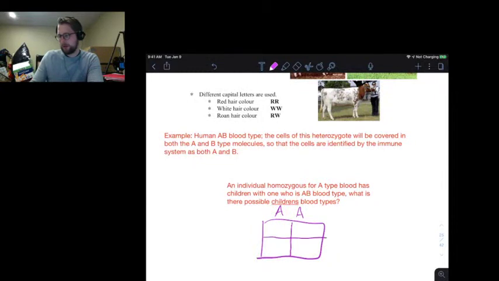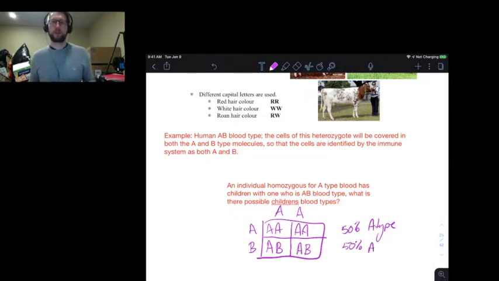We're going to take our A and B and cross them. Gives us 2 children who are A blood type and 2 children who are AB blood type. So 50% A type, 50% AB.